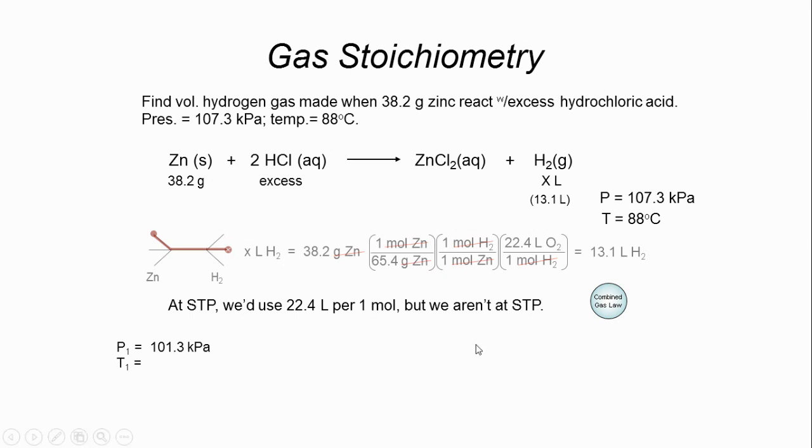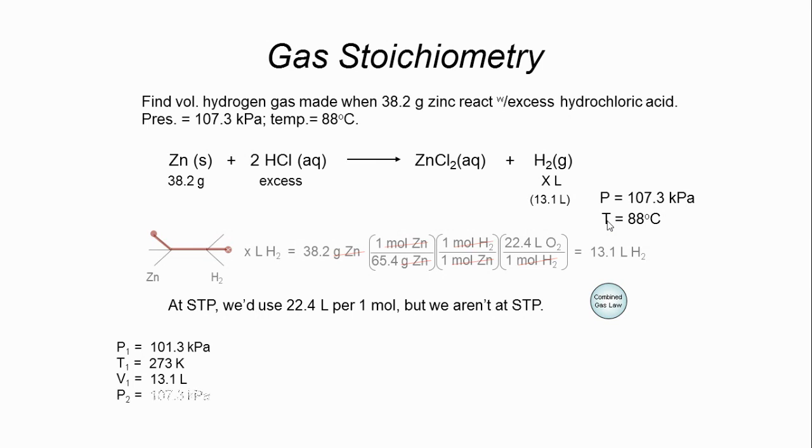Pardon me. So the initial pressure would be standard conditions, 101.3 and 273, and we're trying to find that volume under those conditions. Remember, that's when it was 13.1 liters. That was the initial way we solved the problem. And then we'll say, well, let's make this pressure, 107.3, pressure 2, and this temperature, 361 Kelvin, T2.